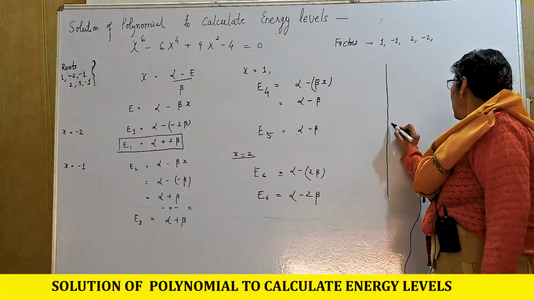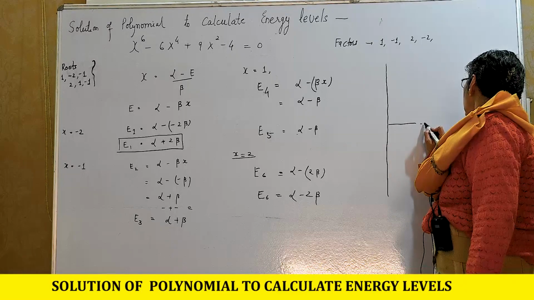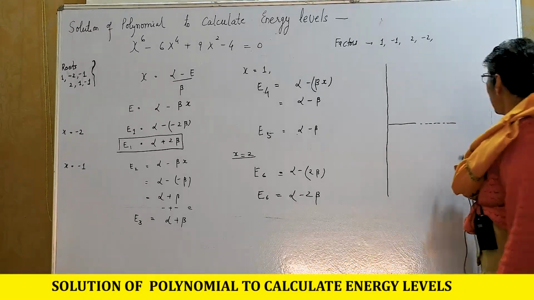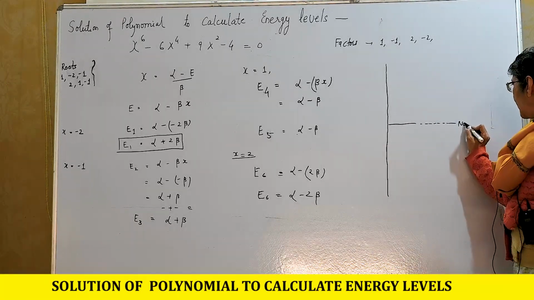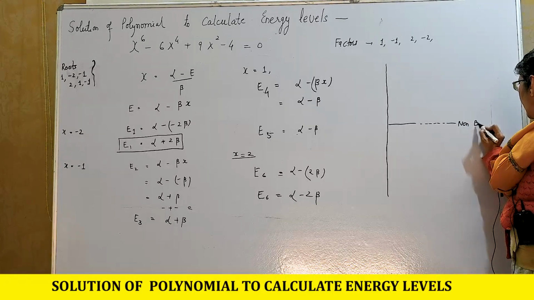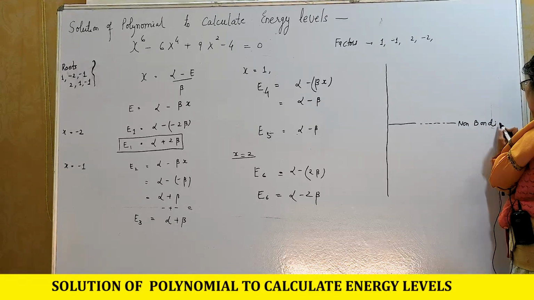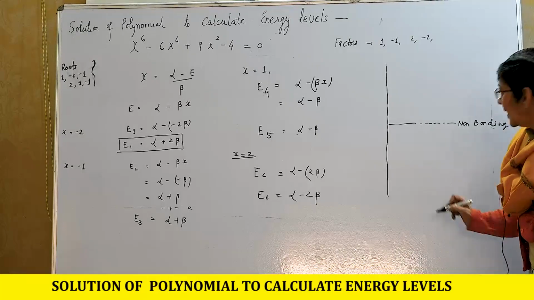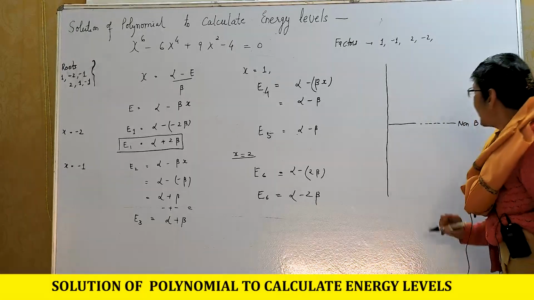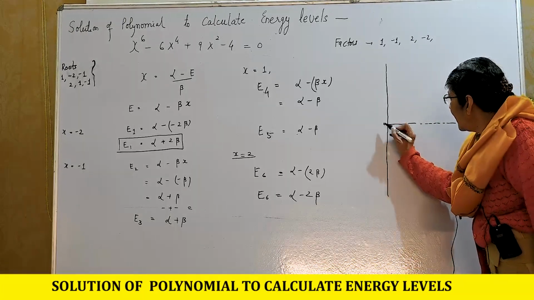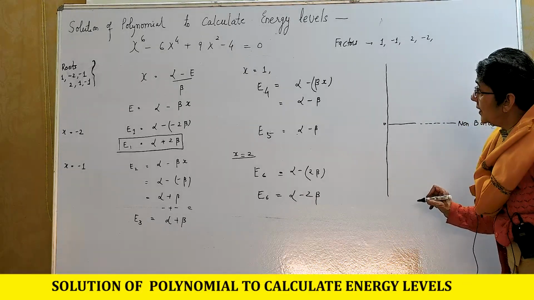this is the energy level of non-bonding. This is when the carbon atoms are non-bonded, so this is non-bonding. The lowest energy level is this E1.